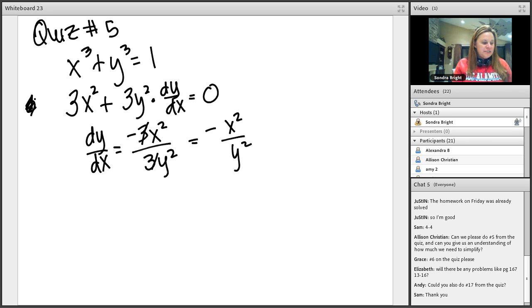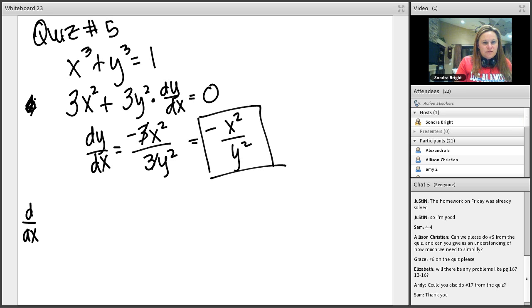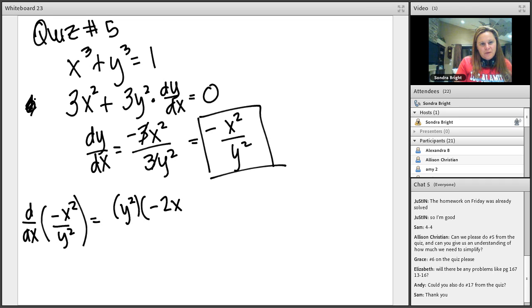Now, when we go to take the derivative of this guy, so that was part A. That was dy dx. All right, when you go to find the second derivative, you got to take the derivative of the first one. And so we're taking the derivative of the negative x squared over y squared. Quotient rule says you take the bottom times the derivative of the top, which would be a negative 2x.